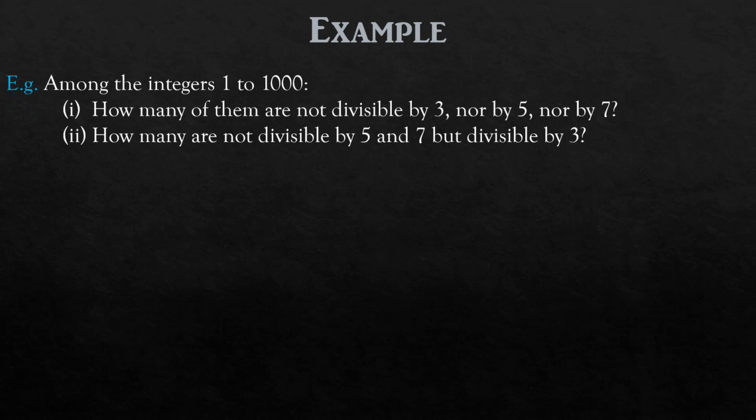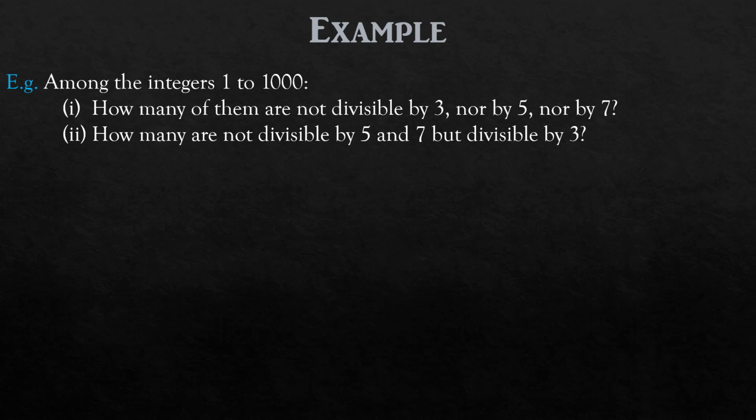Now next example. Among the integers 1 to 1000, how many of them are not divisible by 3 nor by 5 nor by 7? Again, how many sets are there? There are 3 sets. The numbers which are divisible by 3, first one.